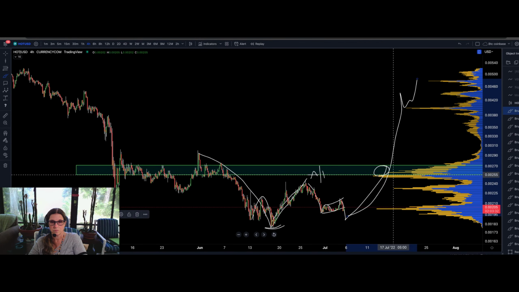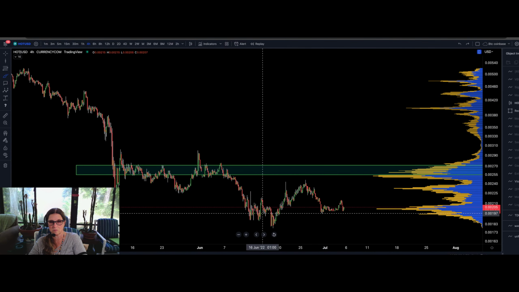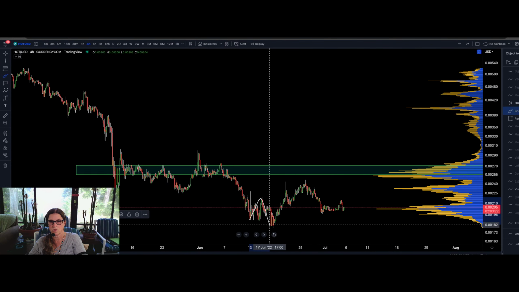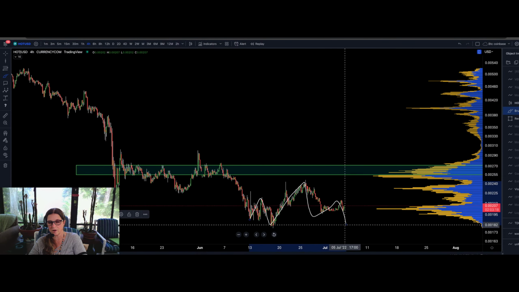A lot of these alts really look like they created a flat to begin with right here, which is 3, and then it's either 3 or 5 to the upside.